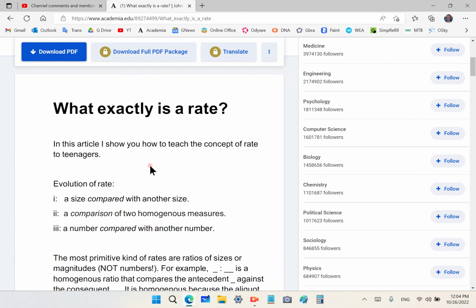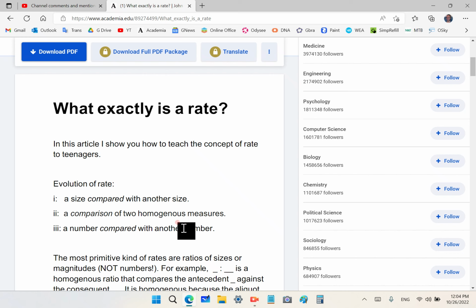Okay, so without knowing it, you've all been dealing with rates since your first grade, because a number is a rate, yes? So how is a number a rate? Well, a number compares a numerator to a denominator, doesn't it?